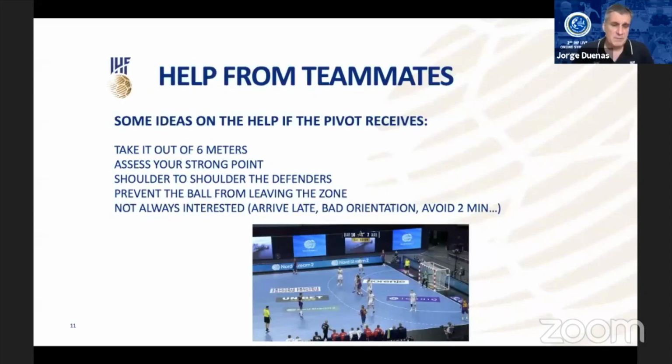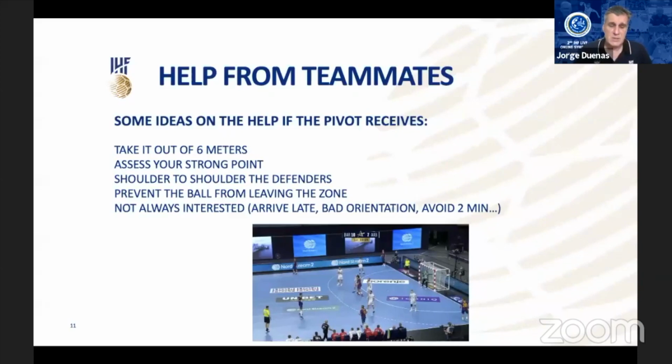In the strong side. Then when the teammate tries to help, it's important to join shoulder to shoulder the defenders and try to stay very close to close the space. But it's important in this situation out of 6 meters.